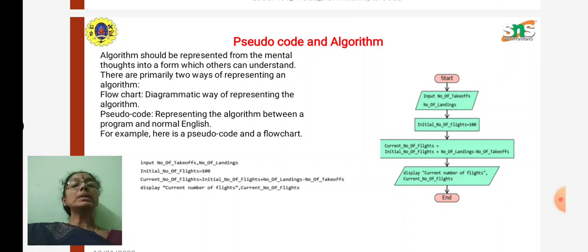So that is given in the flowchart on the right-hand side. A flowchart is a diagrammatic representation. It contains different shapes. For start and stop we have a flat oval symbol, which is used for start and end.